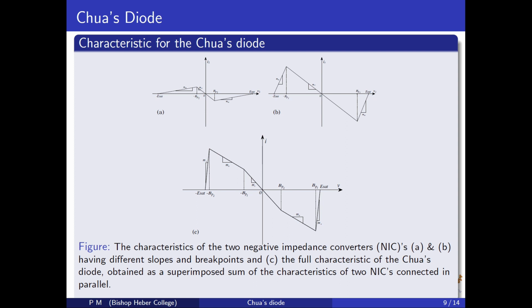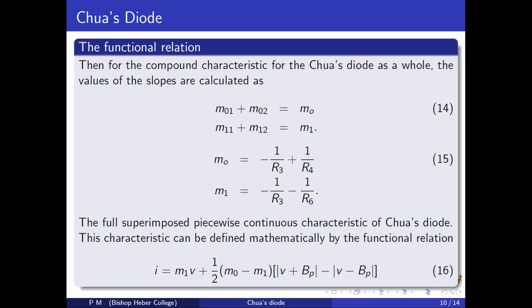For the compound characteristics of the Chua's diode as a whole, the values of the slopes are calculated as M01 plus M02 is equal to M0 and M11 plus M12 is equal to M1, where M0 is equal to minus 1 by R3 plus 1 by R4, and M1 is equal to minus 1 by R3 minus 1 by R6.